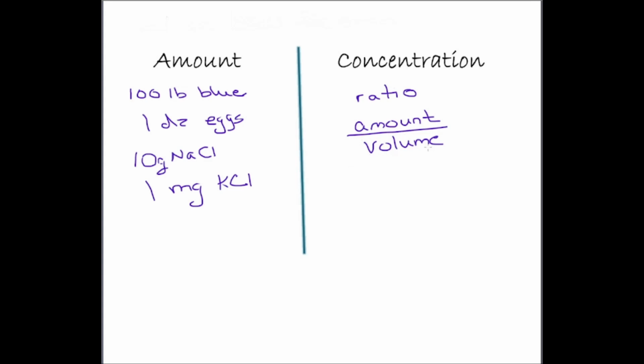So we're going to just talk about volume in the denominator. And for us as biologists, that volume is almost always going to be a volume of water, or something derived from water, like a buffer, which is a solution that keeps the pH constant. So we say it's going to be something aqueous, where aqueous is of water.